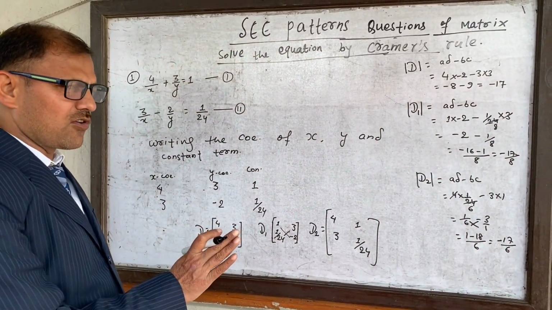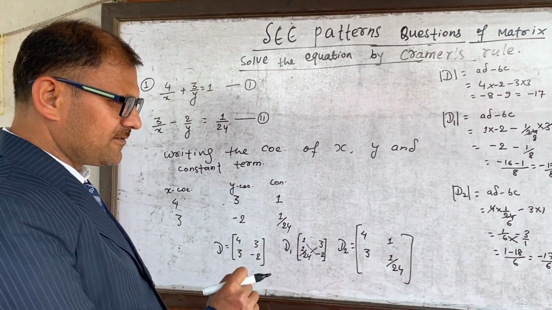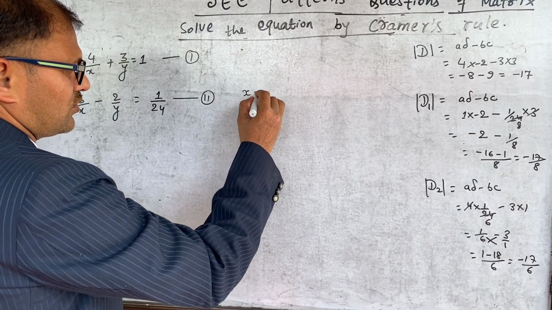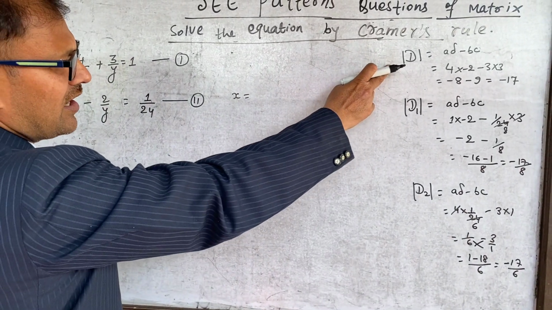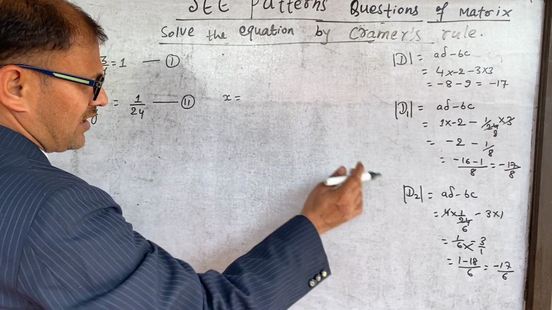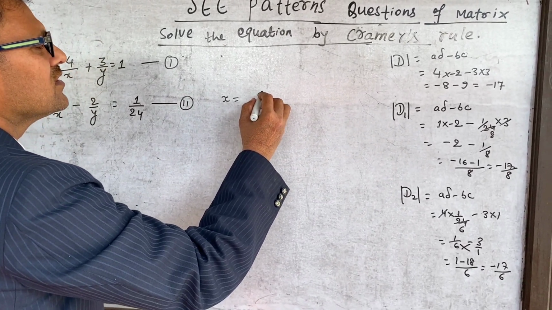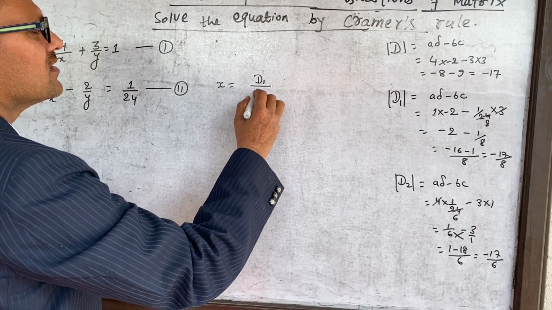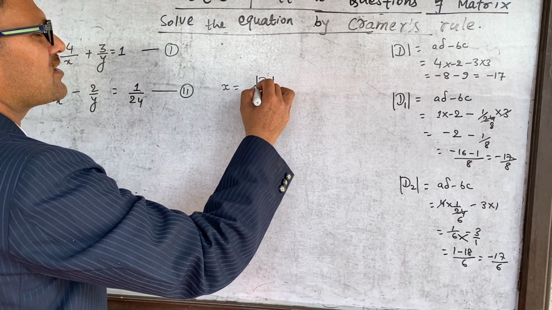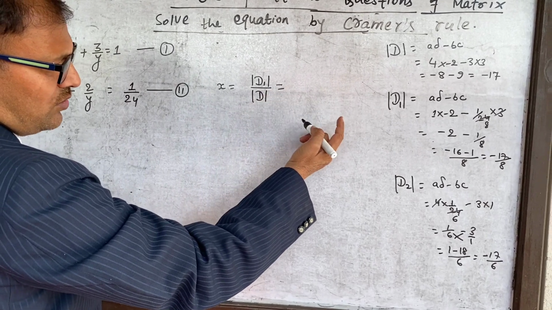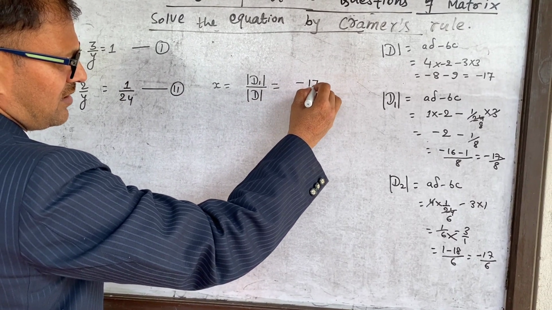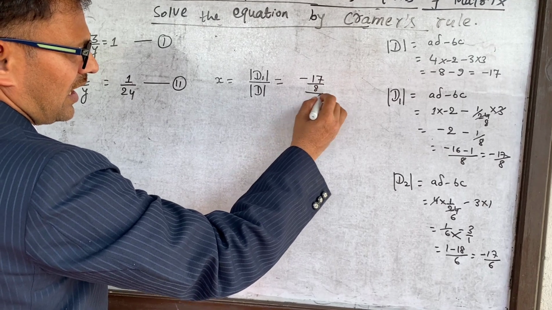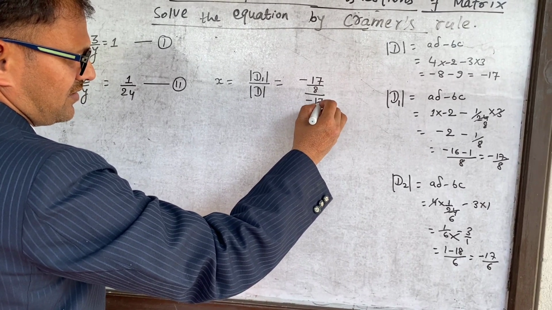Now we have to find the value of x and y. Now D, D1, D2 are found, so x is equal to D1 by D. The determinant of D1 is equal to minus 17 by 8 and D is equal to minus 17.